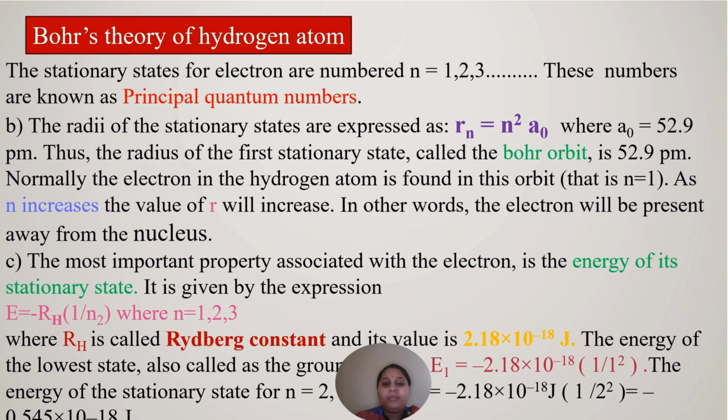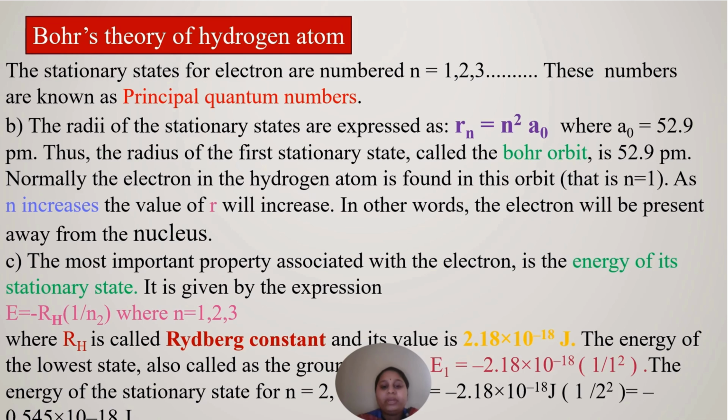So, based upon the postulates, he proposed the theory for the hydrogen atom. The stationary states for the electron are numbered n is equal to 1, 2 and 3. These numbers are known as principal quantum numbers.